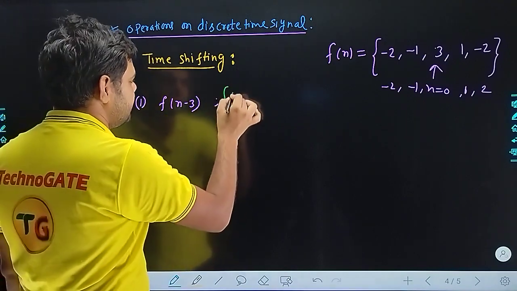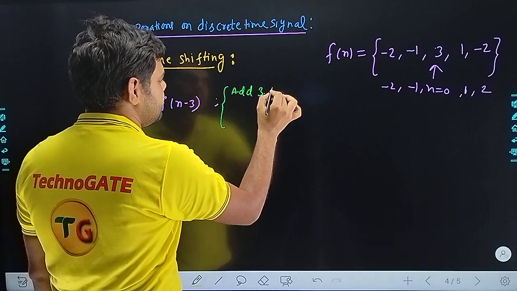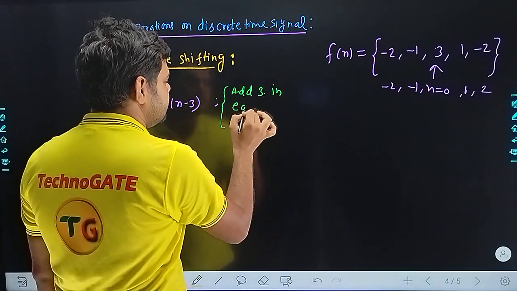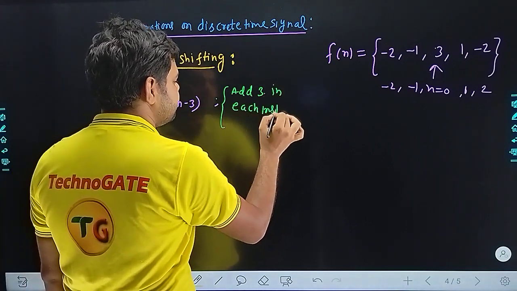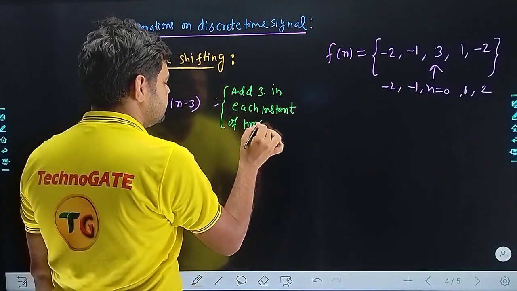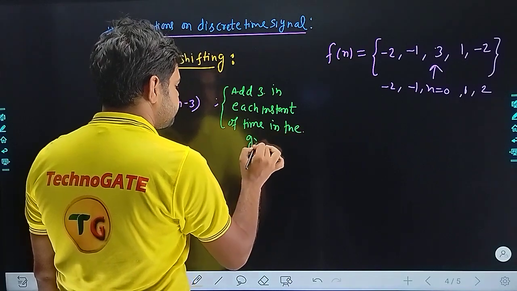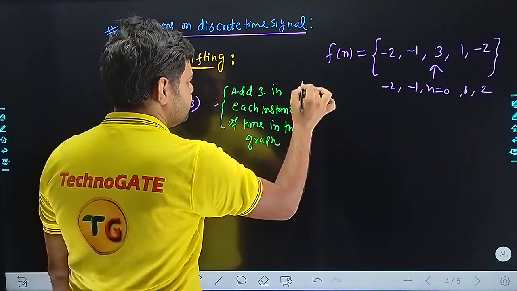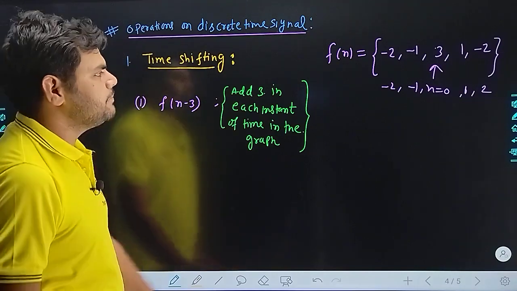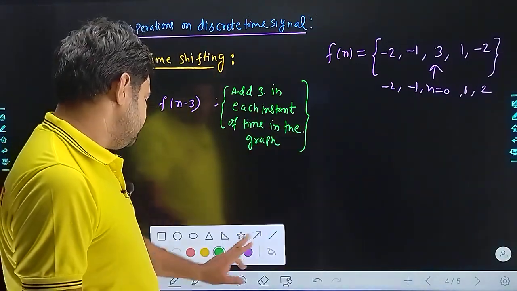We simply add 3 at each and every instant of time in the graph. Let me represent it.